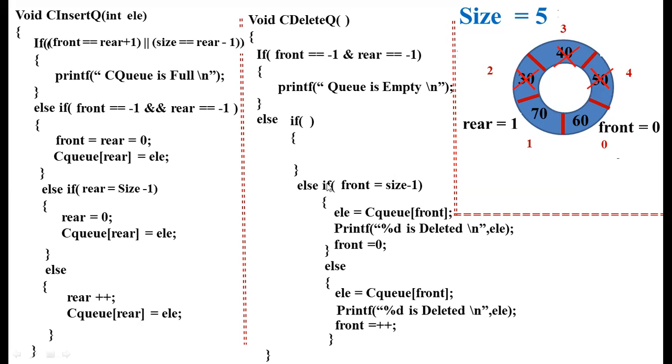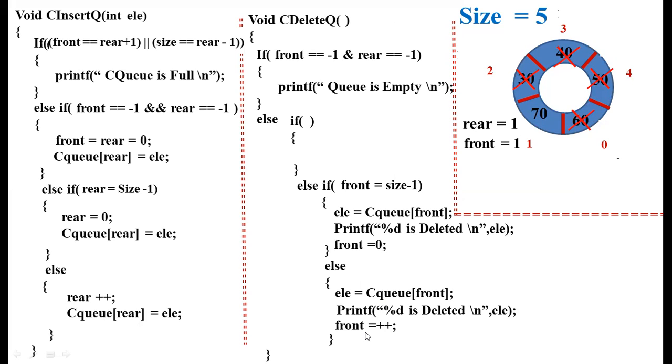It will come here. We have not written any condition. So it will see whether the front is equal to size -1. Front is not equal to size -1, so it will come here. Here we are collecting the element which is in the front, which is 60. So it will display the message saying that 60 is deleted. Then it will increment the front value, front plus plus. So 60 will get deleted first and the front value will become 1.